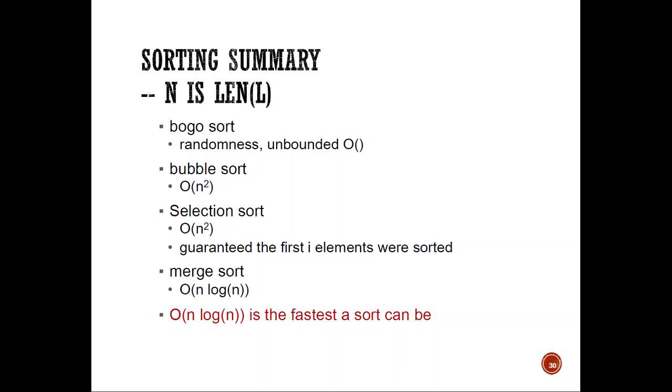We've discussed the selection sort, which also has an order of n squared and guarantees the first i elements are sorted within i iterations. And finally, a more efficient sorting algorithm is the merge sort, which has an order of complexity of n log n. Thank you.